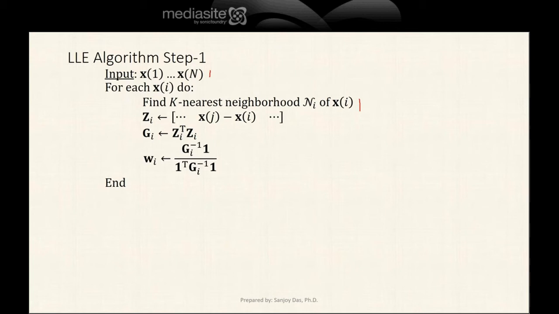Then I find my Zi, where I take all the nearest neighbors of this sample point xi and I subtract xi from each of them.